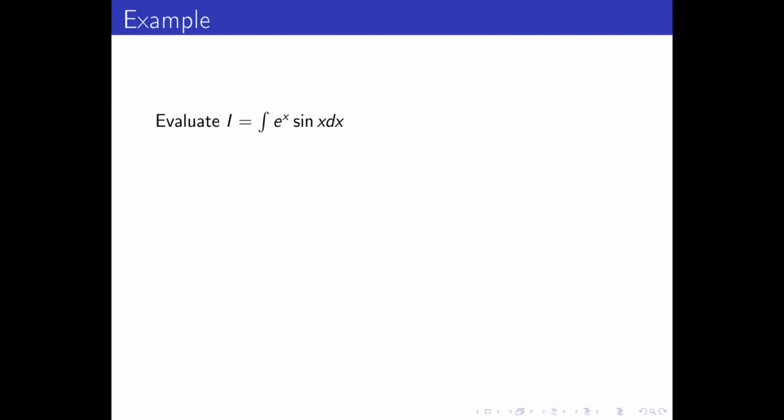So what you do in this example is you have to do integration by parts twice. Okay. So how do we do this? First, you let u be sin x, and v is just e to the x, right?